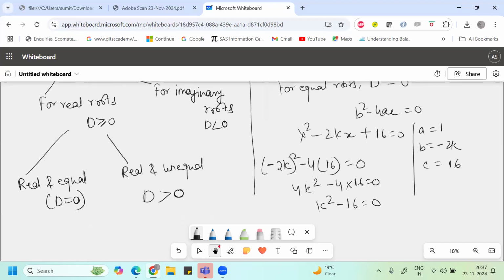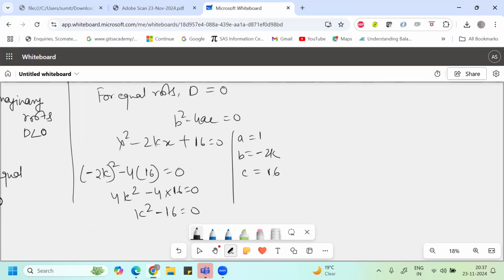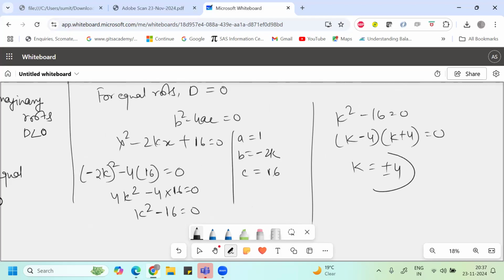You're getting it now? So if k square minus 16 is equal to 0, I can write it as k minus 4 into k plus 4 is equal to 0, which means k is equal to plus minus 4. Clear, everyone?